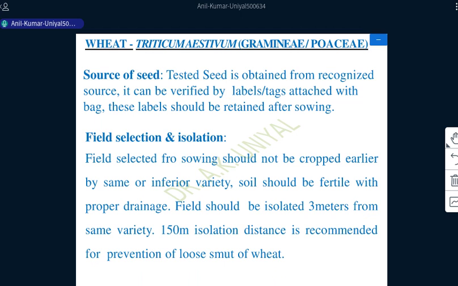Normally inferior or same variety cropped fields are avoided for this purpose, and the soil must be fertile with a proper drainage system. The isolation must be kept around 3 meters from the same variety, whereas 150 meters is recommended for prevention of loose smut of wheat, or from other inferior varieties also.